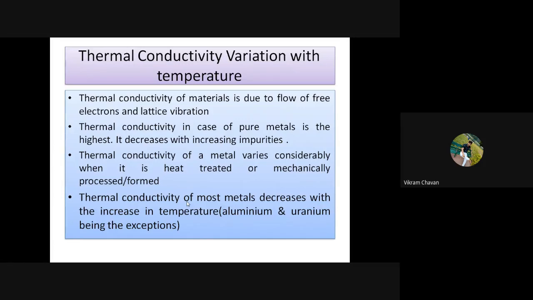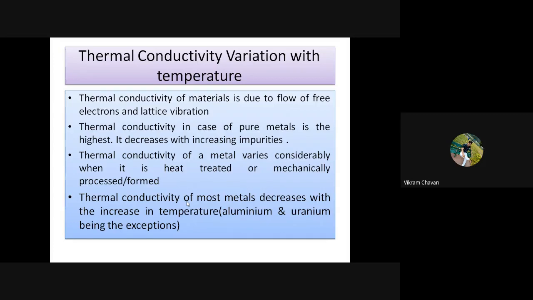Okay, because as we perform any task or any manufacturing process, some amount of the material structure will get changed. During forging and during the foundry process also, some amount of material structure will get changed, and due to that, the thermal conductivity of that particular metal will get hampered, or it will get changed. Okay, so thermal conductivity of a metal varies considerably when it is heat treated or mechanically processed or formed.